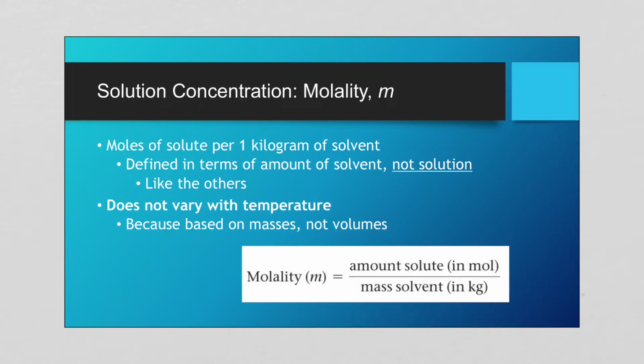So the first one is molality. Now, yes, very similar, just off by a letter, so it's molarity versus molality. Molality is abbreviated by a lowercase italicized m, and it has units of, again, moles of solute, but now instead of liters of solution, it's kilograms of solvent on the bottom.